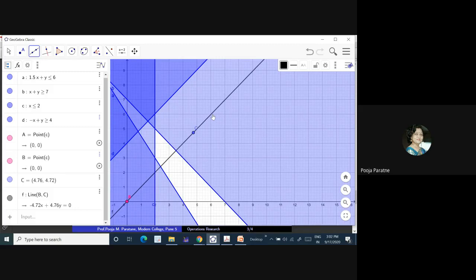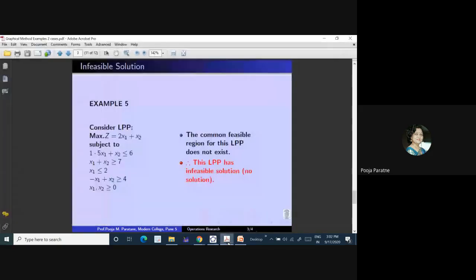So this is one more constraint, but it doesn't make any effect on the optimal solution. Whether it is present or absent, there is no problem for the optimal solution. So such constraints are called redundant constraints. That is one more characteristic of constraints.